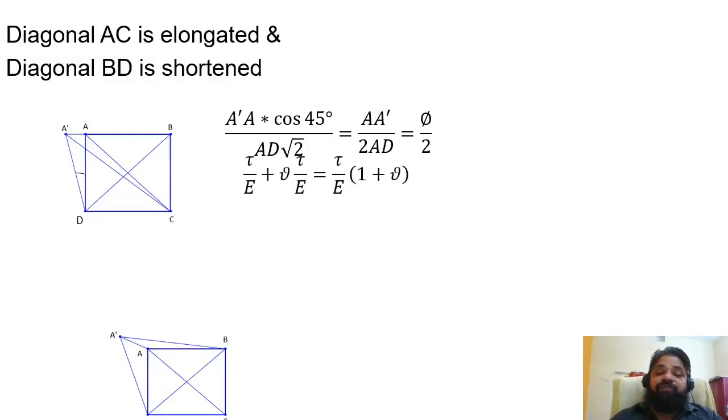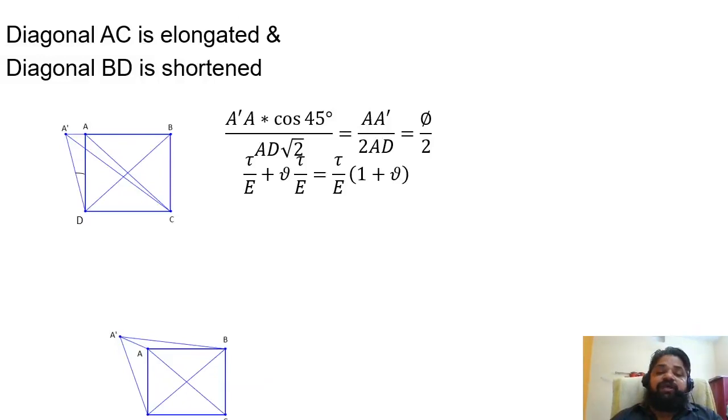Again, what I know, I can represent the same thing. Earlier, as we wrote sigma by E plus nu into sigma by E, this relation is just an extension of the earlier discussion. So tau by E plus nu tau by E is equal to tau by E into 1 plus nu.